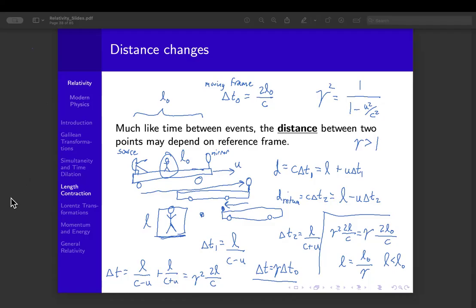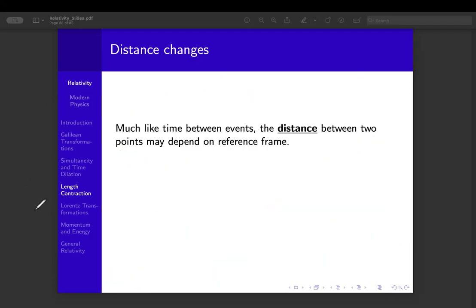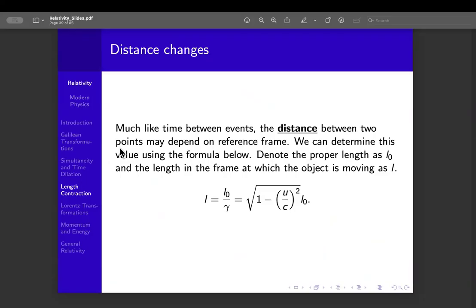I am going to erase all of my annotations and move on to the actual typed formula so that we can continue our discussion. All right, so formulas have been erased, and there is our actual equation. Again, proper length refers to the actual length of the car from the car's point of view.